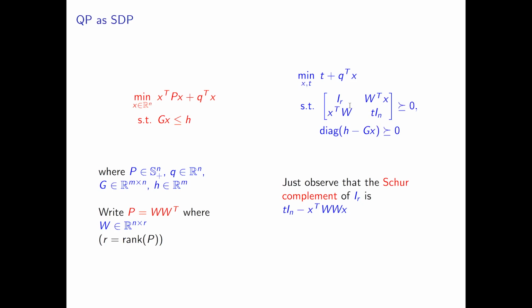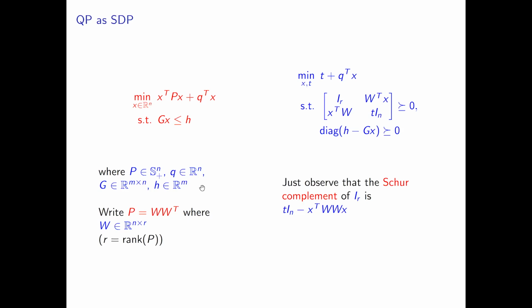The Schur complement rule tells me that because the Schur complement of this identity is this expression, I get this positive semi-definite inequality precisely when x transpose w transpose, there's a transpose missing, I'm sorry, I already screwed up. So there should be x transpose, maybe w transpose Wx is this thing. So this expression is positive semi-definite.